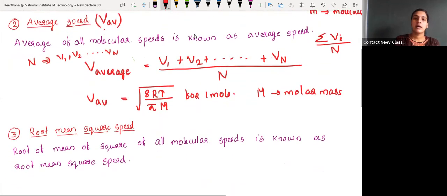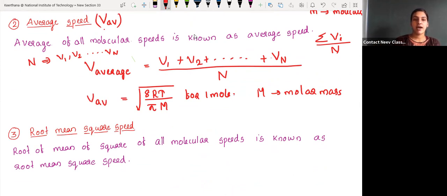The next one, the one which we already discussed, is root mean square speed. Root of mean of squares of all molecular speeds is known as root mean square speed.